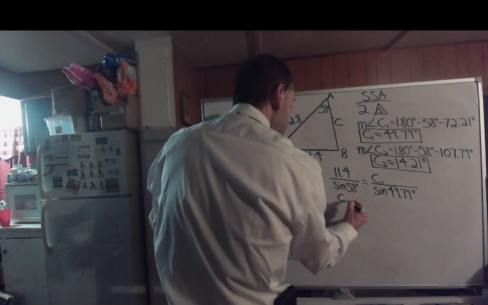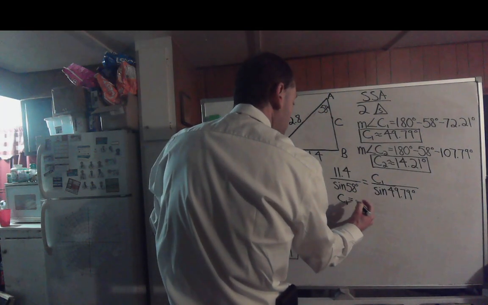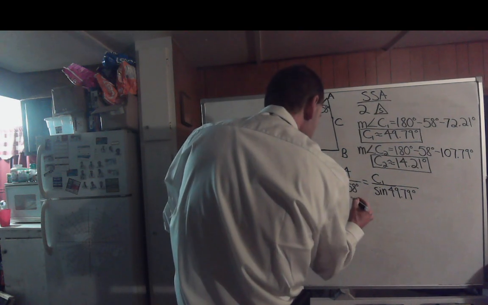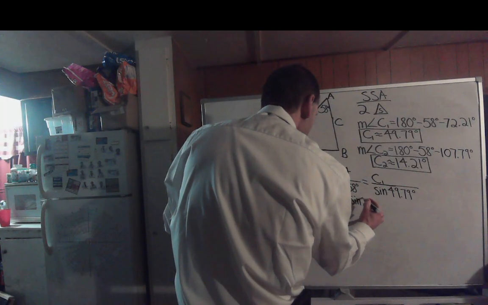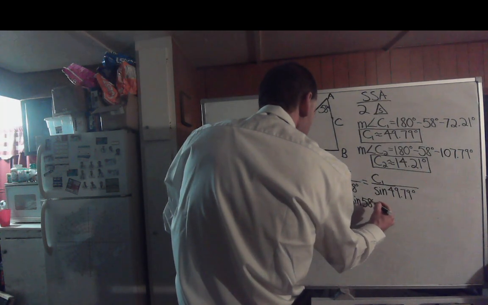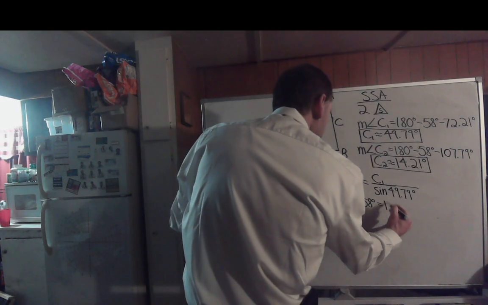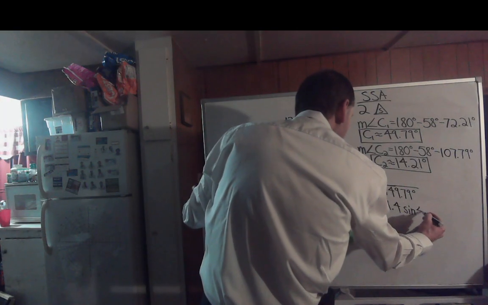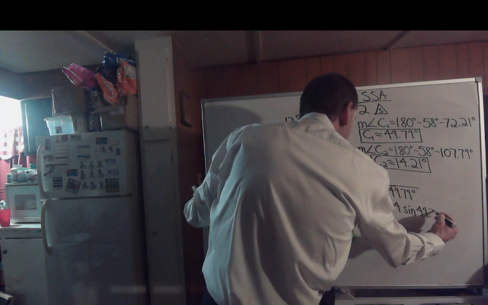So that means that C1 times the sine of 58 would equal 11.4 times the sine of 49.79 degrees.